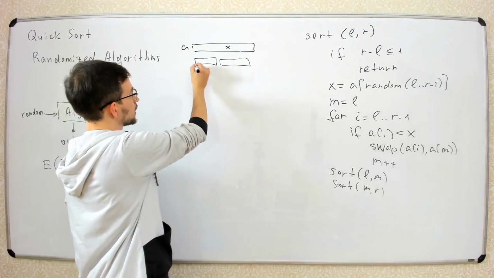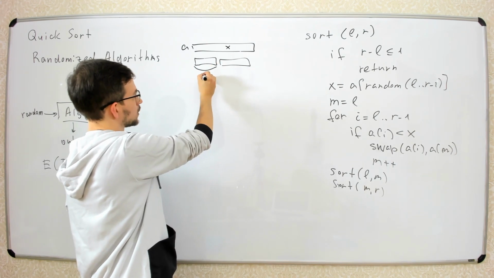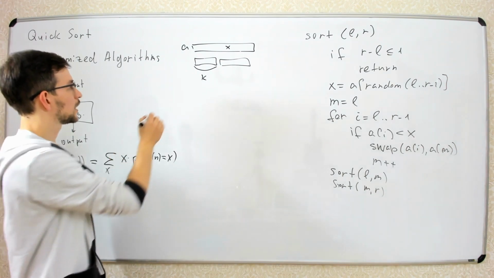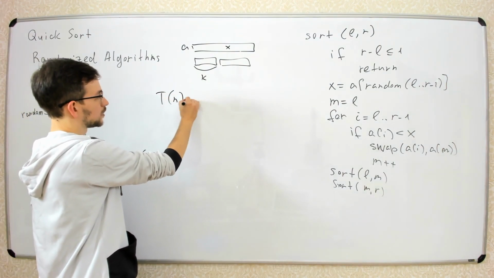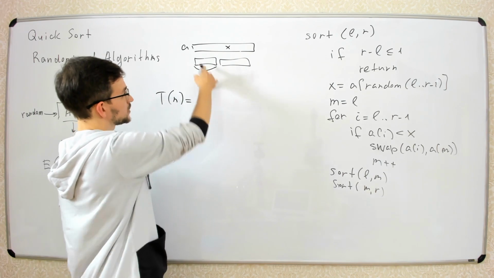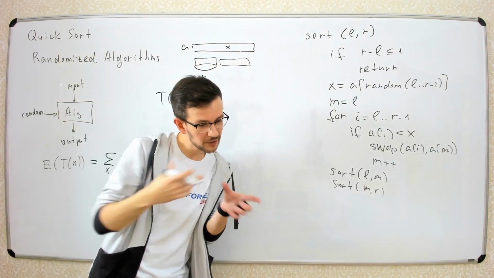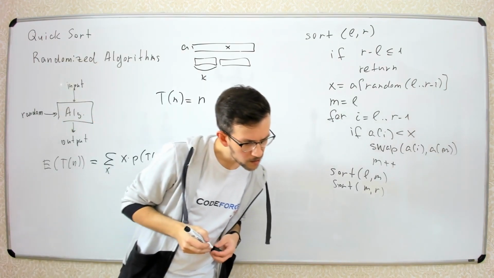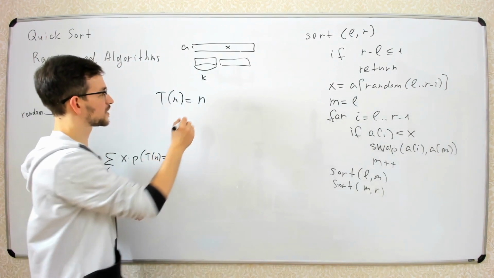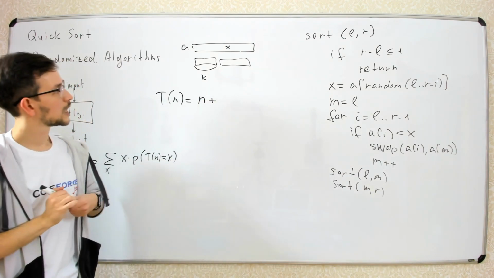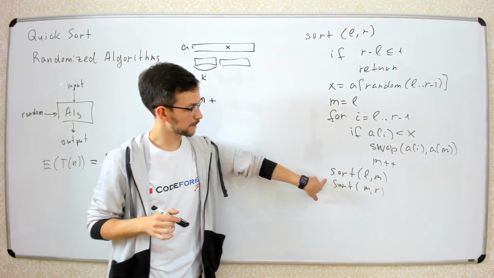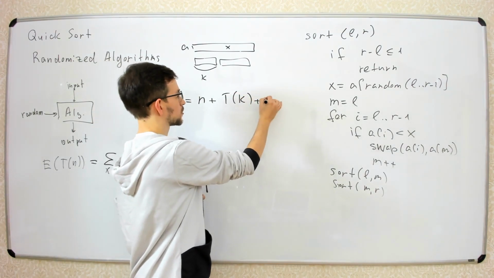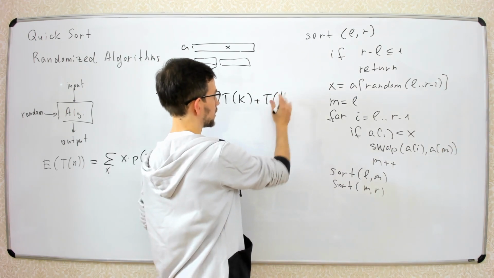So let's say we pick k elements for the left part. Then the time complexity will be: we need to split elements into two parts in linear time, and then we make two recursive calls here. The first recursive call is T of k, and the second recursive call is T of n minus k.